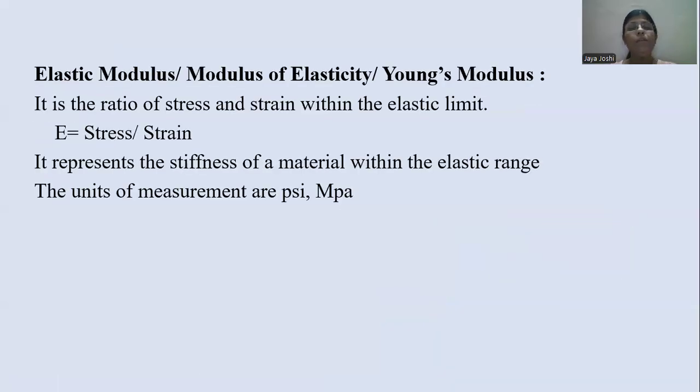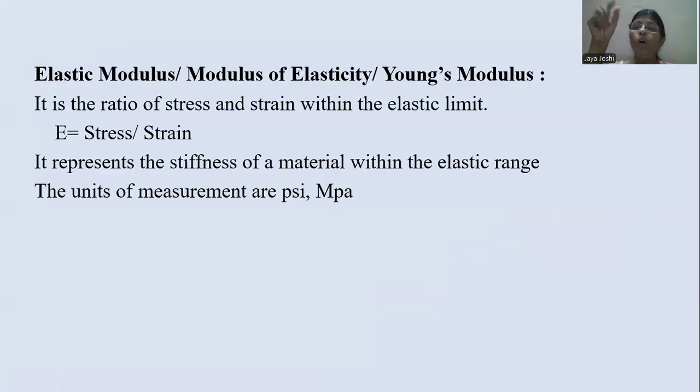Now, what is elastic modulus or modulus of elasticity, also popularly known as Young's modulus? Young's modulus is the ratio of stress and strain within the elastic limit. So it is measured in terms of stress upon strain. Basically, you will find the values of elastic modulus in dentistry. This represents the stiffness of the material.